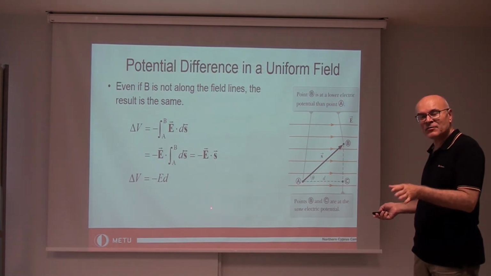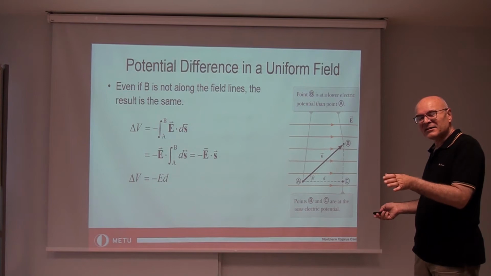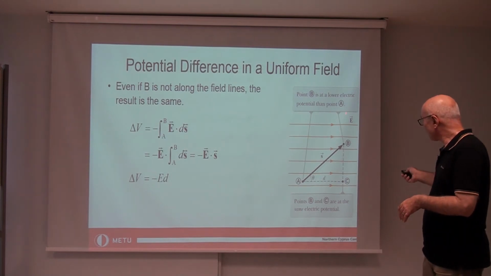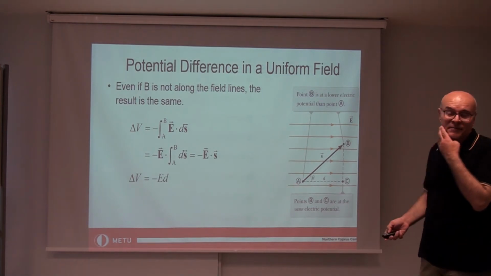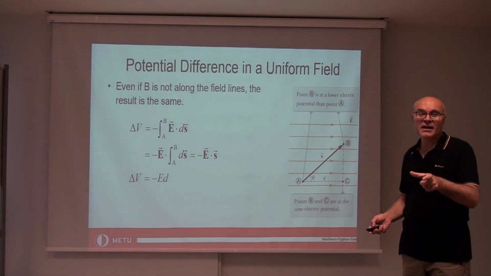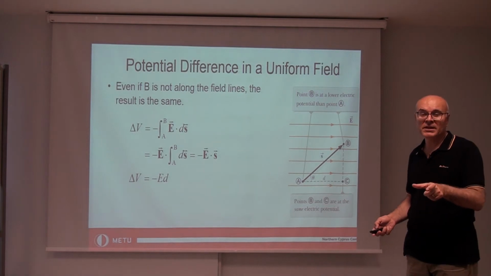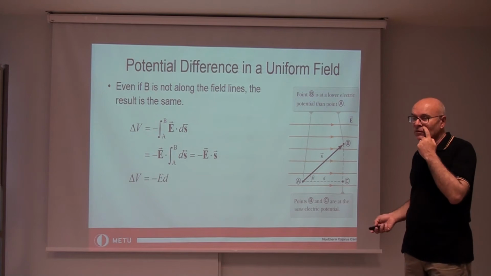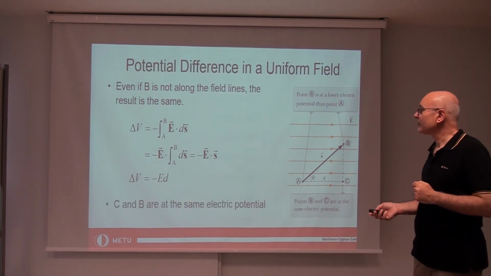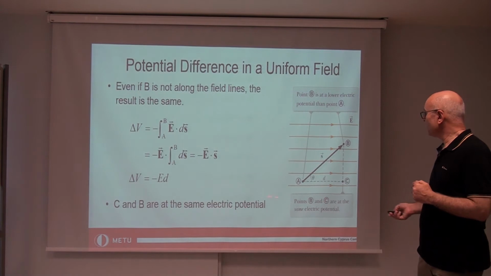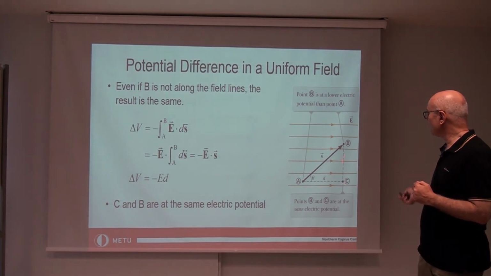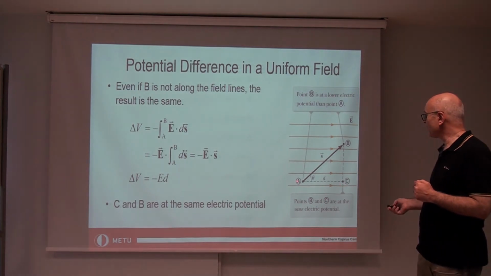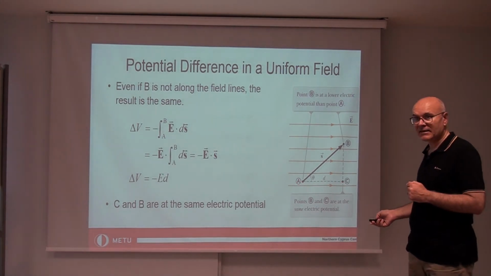So you take this line here, you take this line here, and then you find the difference between these, and the potential difference between them will be the same. Of course, we will come to this later when we consider equipotentials. The meaning of this is that point C and point B here are at the same potential. So whether you find the potential difference between A and C or A and B, it is still the same in this case.